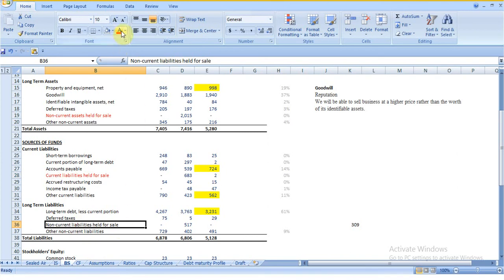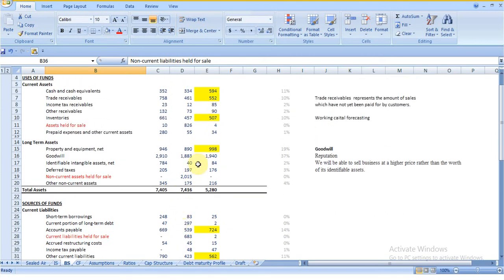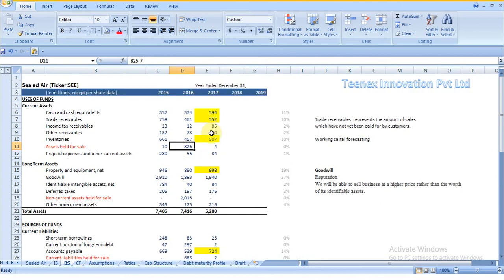These are line items which we cannot project unless we have information about them. So while working on the balance sheet, we will keep in mind that there are certain line items which we are going to keep constant. The remaining we are going to project, and for the line items which I expect to remain constant, I'm going to plug in those numbers. I'm not going to rack my head too much over that.